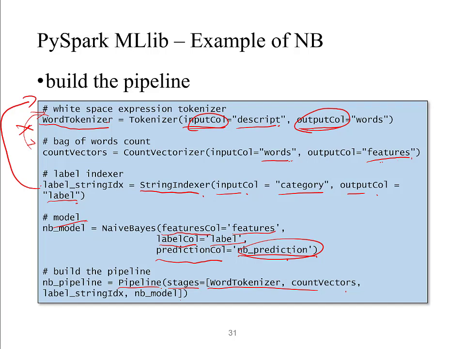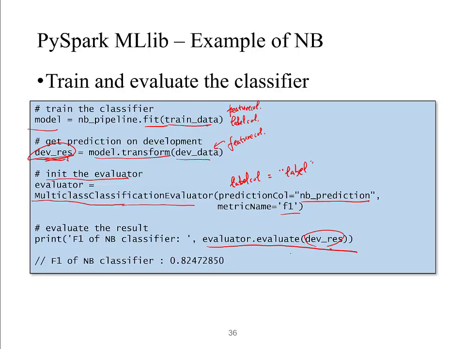Then you can train different classifiers. Of course, you may need to build different pipelines. But when you do so, you need to think about what stages can be put into one pipeline. For example, if you want to build two classifiers, you probably need to build two pipelines.